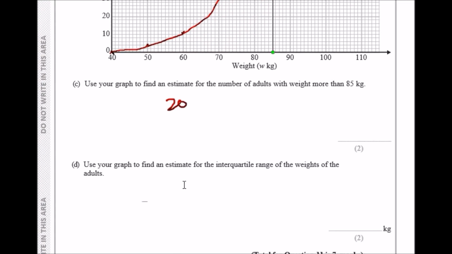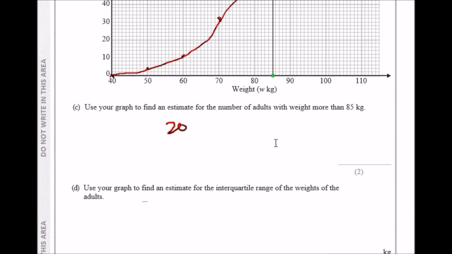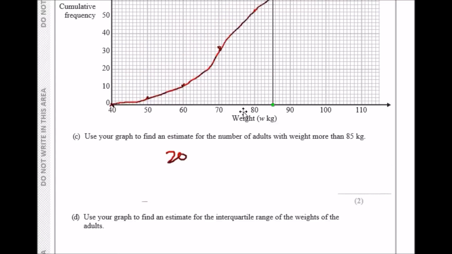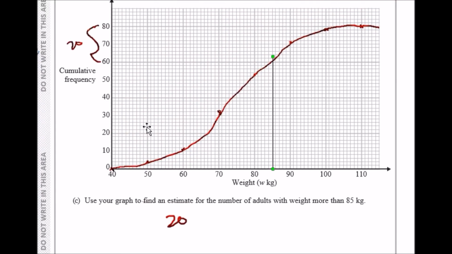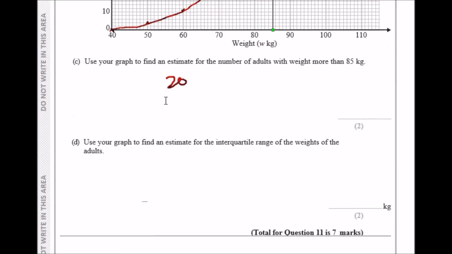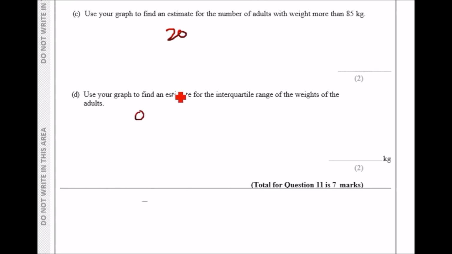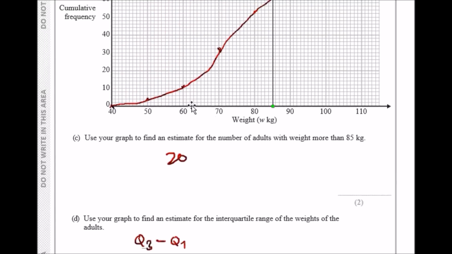And then use your graph to find an estimate for the interquartile range. So the interquartile range is simply, we're going to divide the cumulative frequency into quartiles. The interquartile range is the third quartile minus the first quartile. So we look at the first quartile.